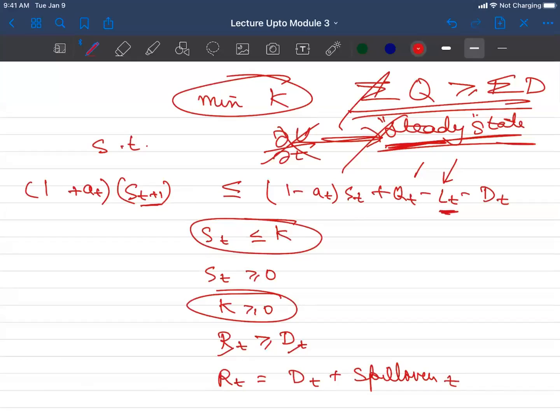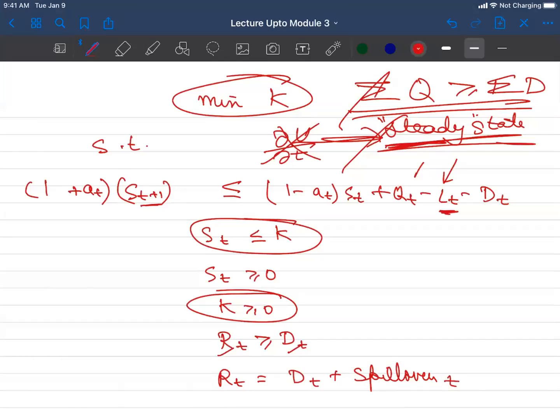Does it make sense? So all in all, the reservoir capacity should be such that it will take care of the surplus water, so that all releases are maintained. Yes, you should always have that amount of water so that your releases are always taken care of.